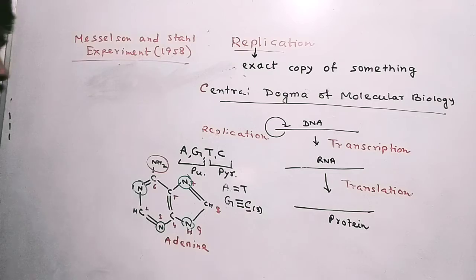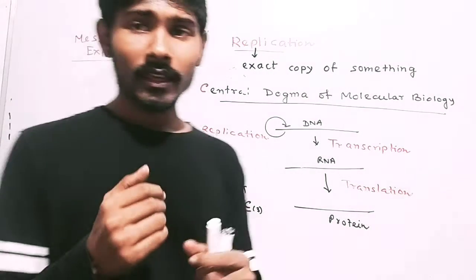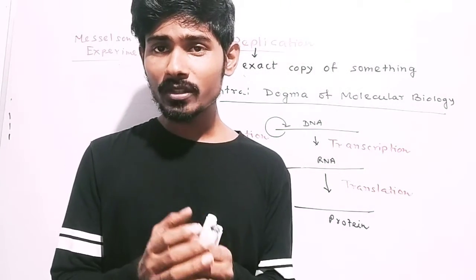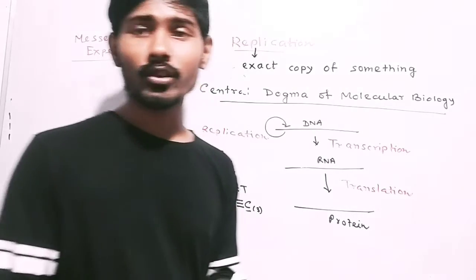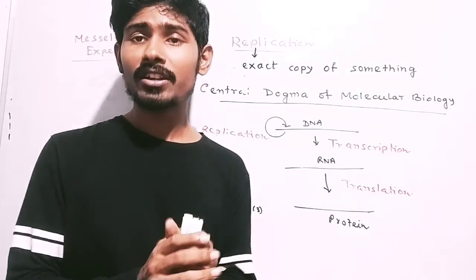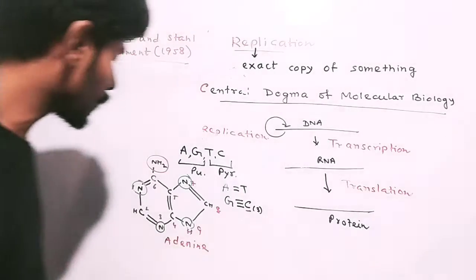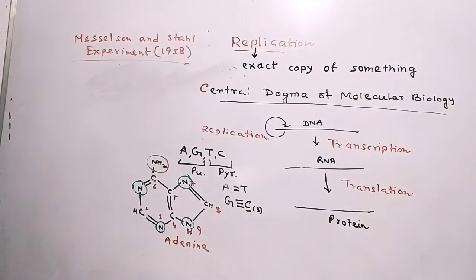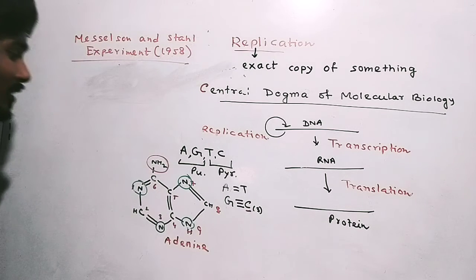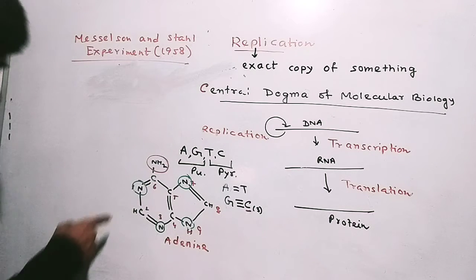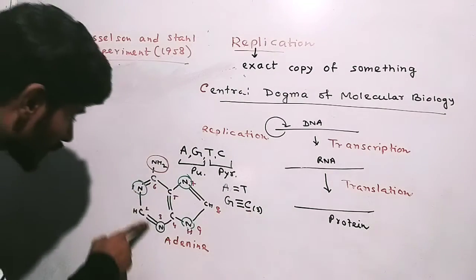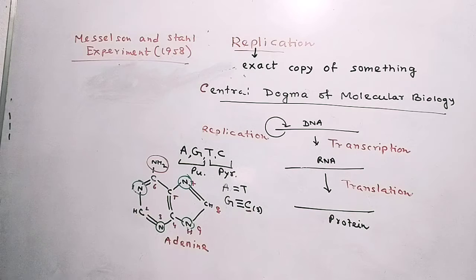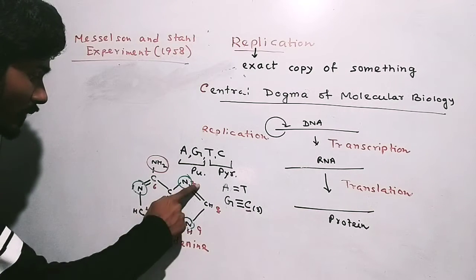Okay. Now we are going to talk about the significance of nitrogen atoms within these nitrogenous bases. If we talk about the structure of adenine, which is a purine base, you see that there are several nitrogen atoms in specific positions, in position 1, 3, 7, 9.